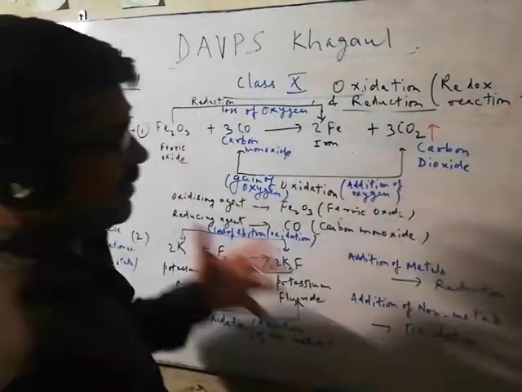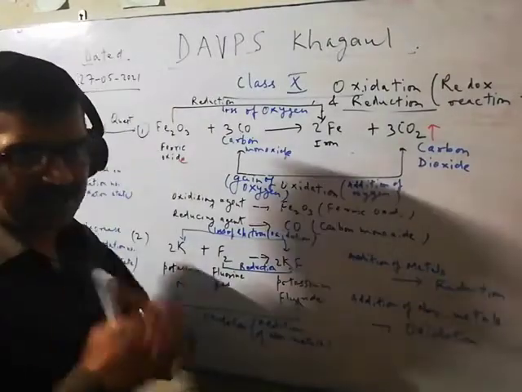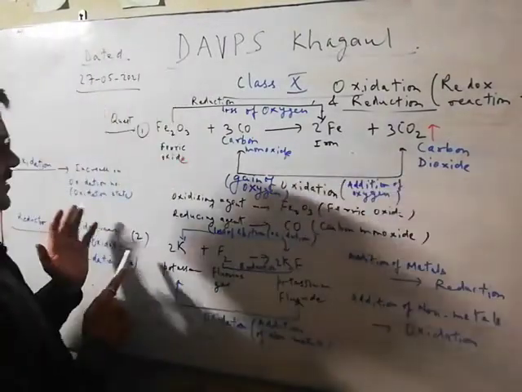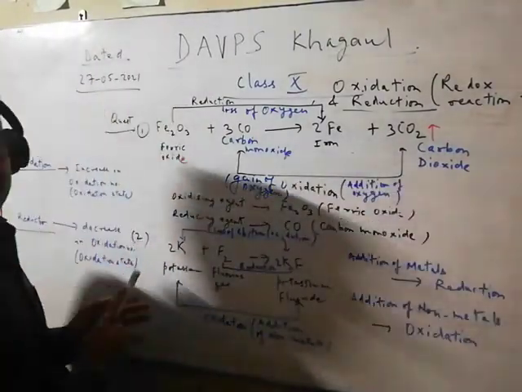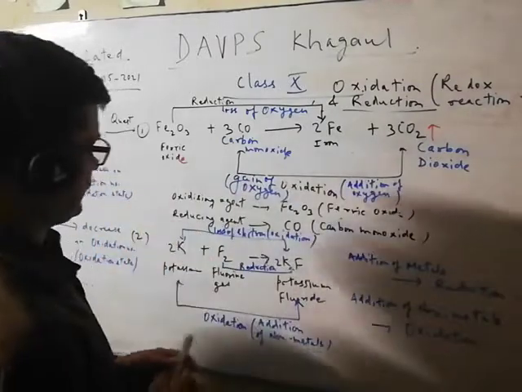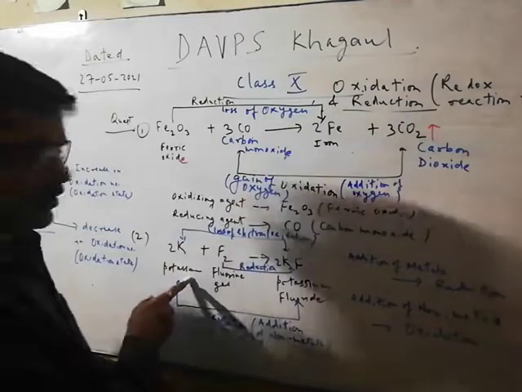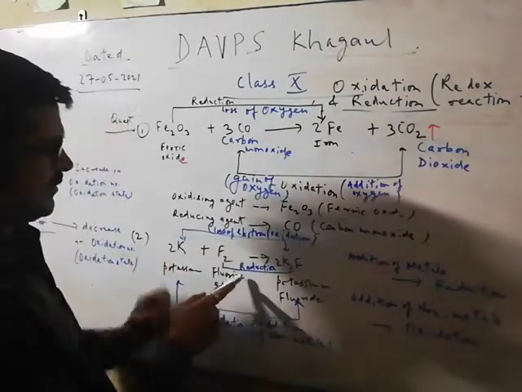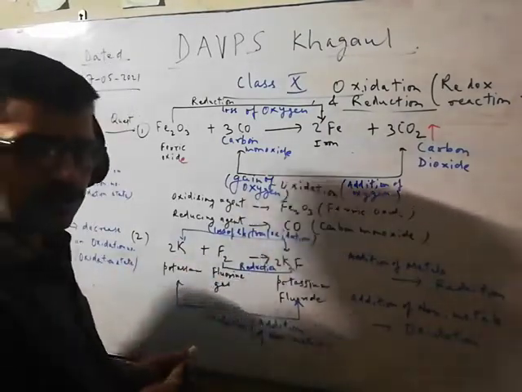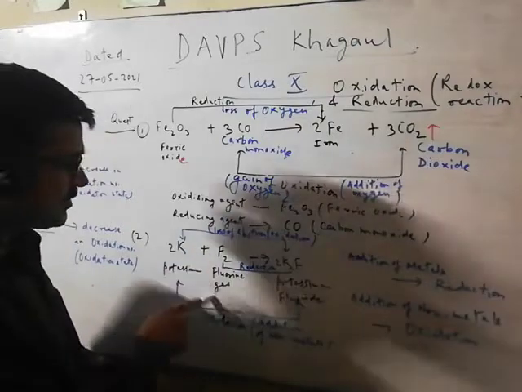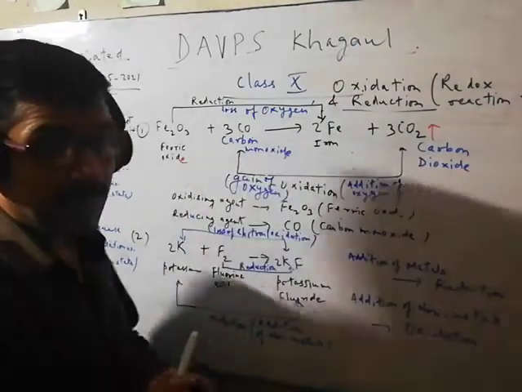Now there is another way we can define oxidation and reduction. So let's see what happens in the second equation. Potassium is reacting with fluorine gas.